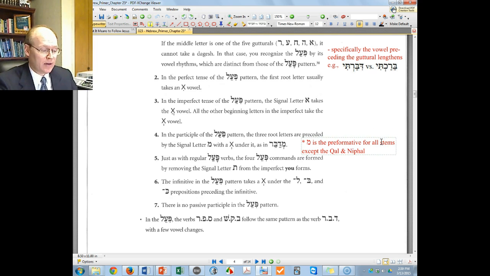Let me clarify that. All participle stems except the Qal and the Niphal. So the Niphal preformative will be a nun. The Piel, Pual, Hiphil, Hophal, and Hithpael forms will all take a mem preformative.